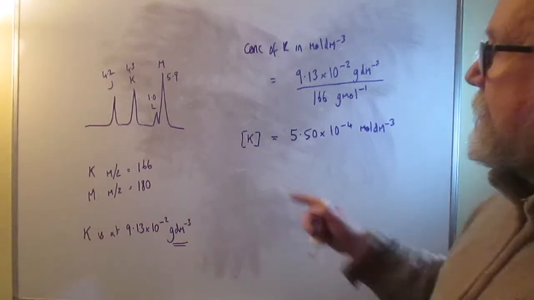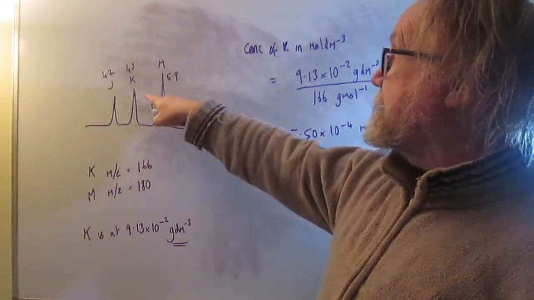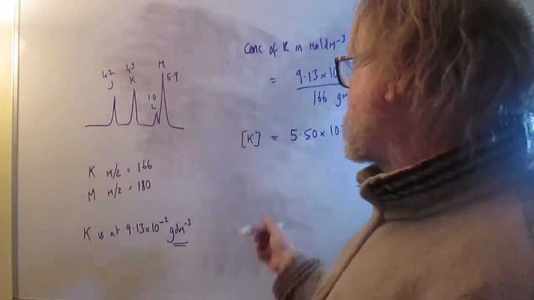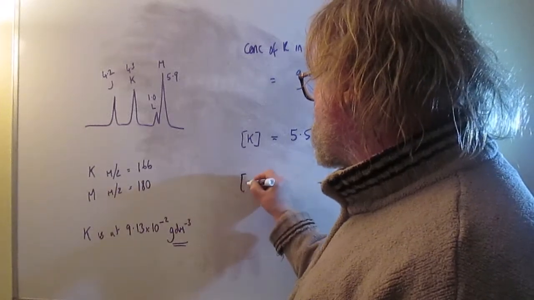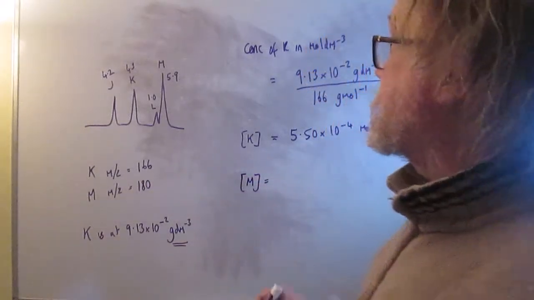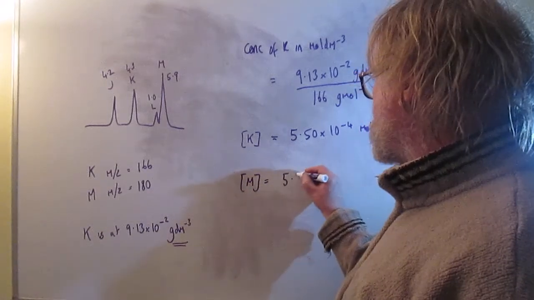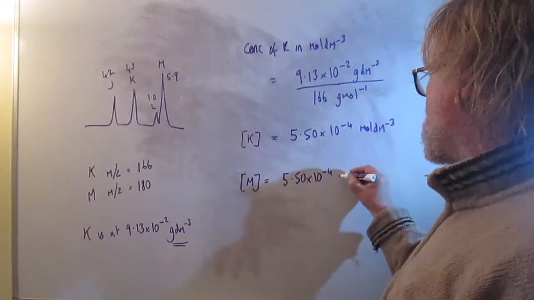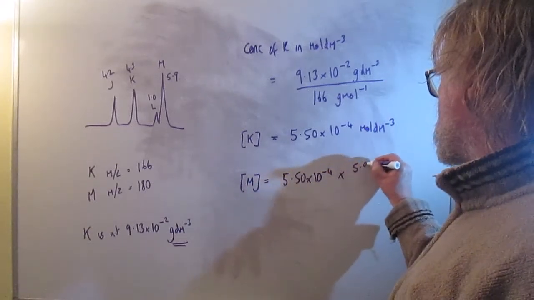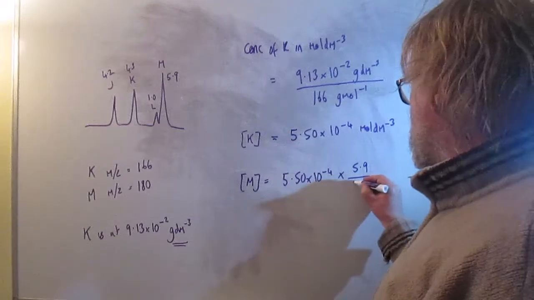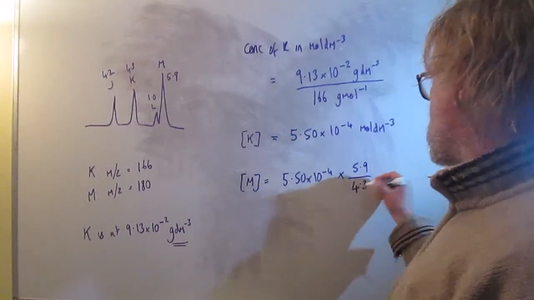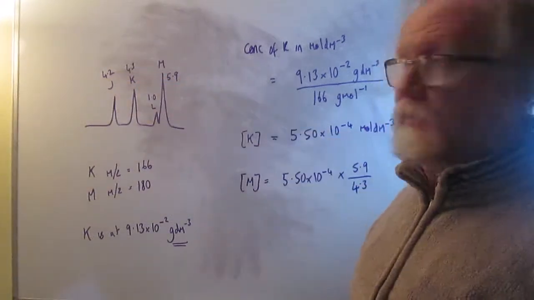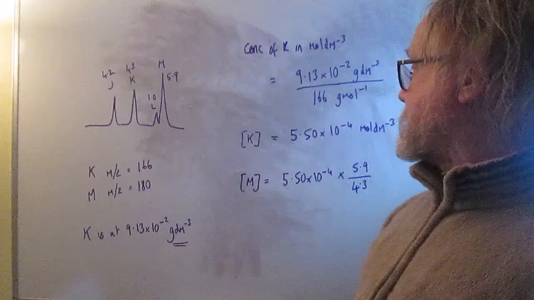So then we look at the gas chromatograph and we can see that if the area of K is 4.3, the area of M is 5.9. So therefore the concentration of M, we just scale it up. So we say it's 5.50 times 10 to the minus 4 times the area of M divided by the area of K. So it's that usual scaling thing that if this is bigger, it's bigger by a factor of 5.9 over 4.3, so the concentration is bigger by the same factor.